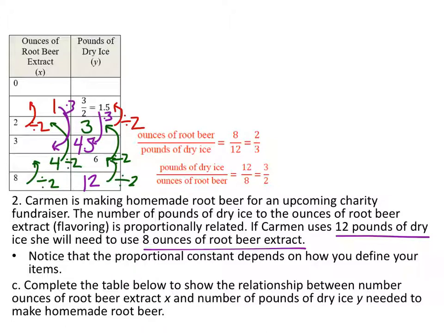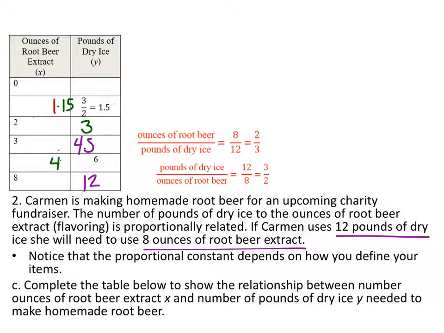The last one that we want, though, is this 0. And to figure that one out, what I'm going to do is use the proportional constant. So the question is then, what would I multiply 1 by to get 1.5? What would I multiply 2 by to get 3? 1.5.